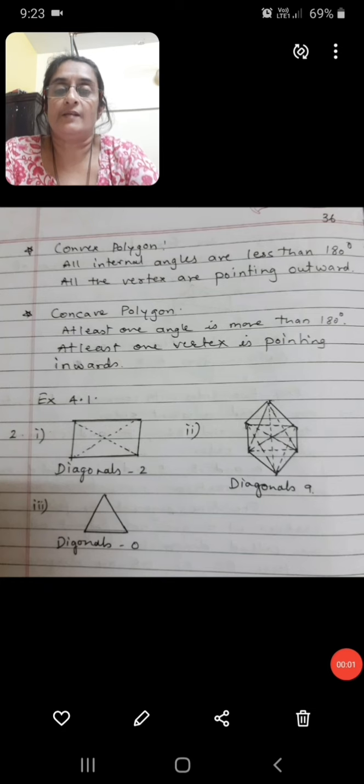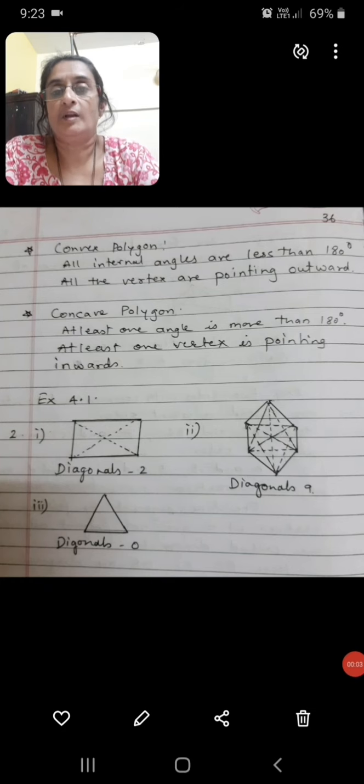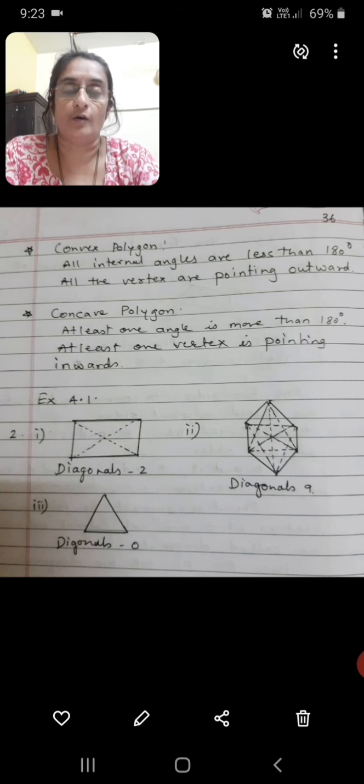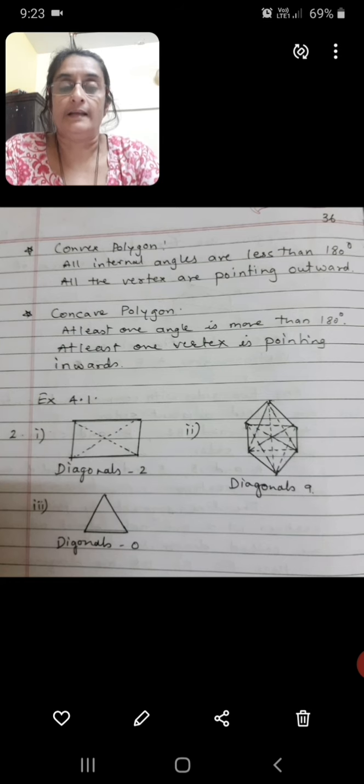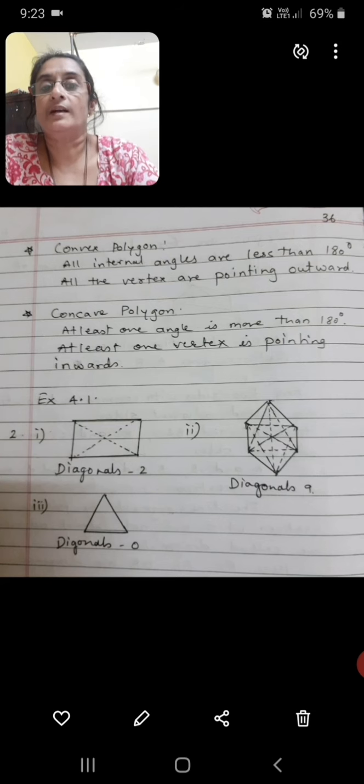Children, there are many types of polygons. A three-sided polygon is called a triangle, four-sided is called a quadrilateral, five-sided is called a pentagon, six-sided is called a hexagon, and like that many polygons are there. There are two different types of polygon, convex and concave.